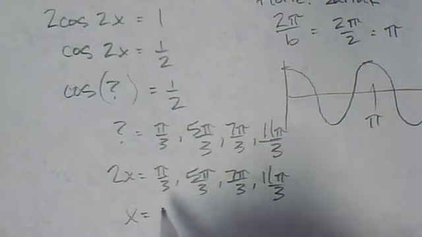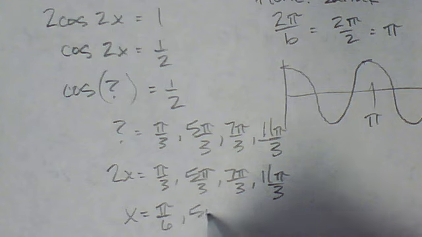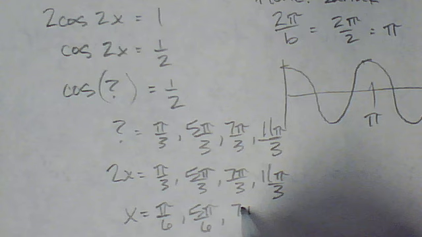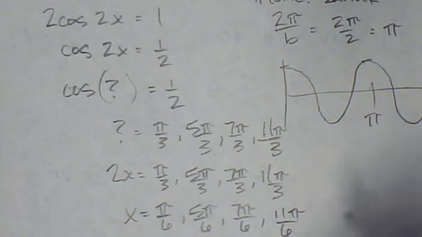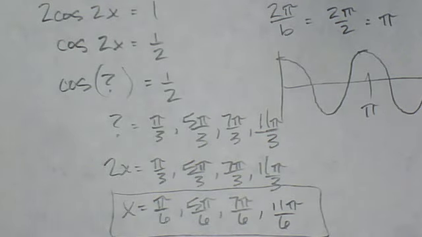Now, to get x, I'm just going to divide everything by 2. And the last one there is 11 pi over 6. Notice my final answer, everything falls between 0 and 2 pi.